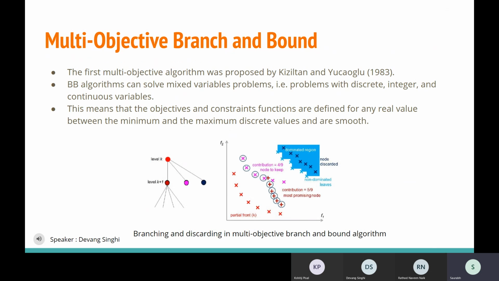Now let us look at the multi-objective branch and bound algorithm. The principle of the branch and bound algorithm is to divide the search domain into subdomains with lower dimensionality. The first multi-objective algorithm was proposed by Kiziltan and Ukaglu in 1983. Various approaches can be considered to deal with multiple conflicting goals.